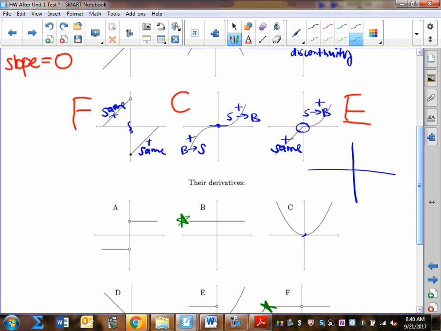Same positive slope, maybe about 1. It's discontinuous, or it's not differentiable, so thus I'm not going to have it defined there. And then again, positive slope, small to big. So it looks like it gets pretty close to 0. So small to big. It might be like this, it might be like this, but small positives to big.